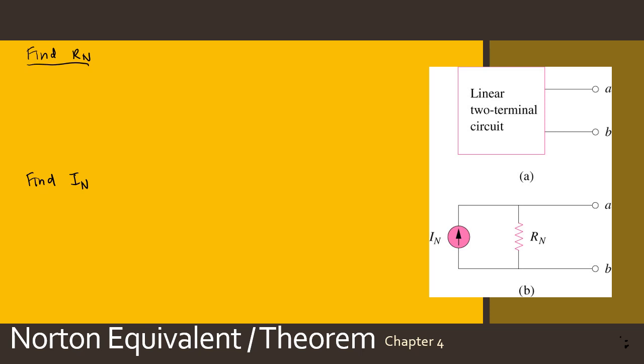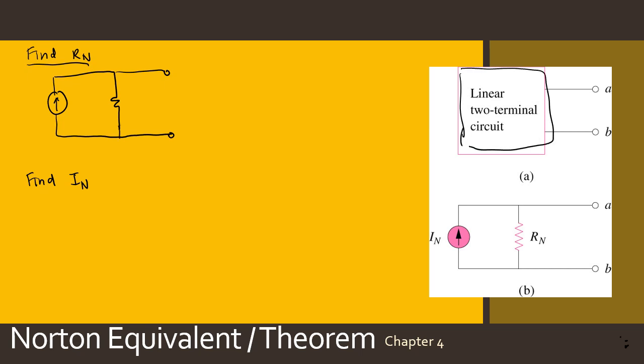So to find the Norton resistance, if we have to replace this complicated circuit here into this simple form, I Norton in parallel with R Norton, what we need to do is, if we do have something like a load here, R load, we need to remove the load first.